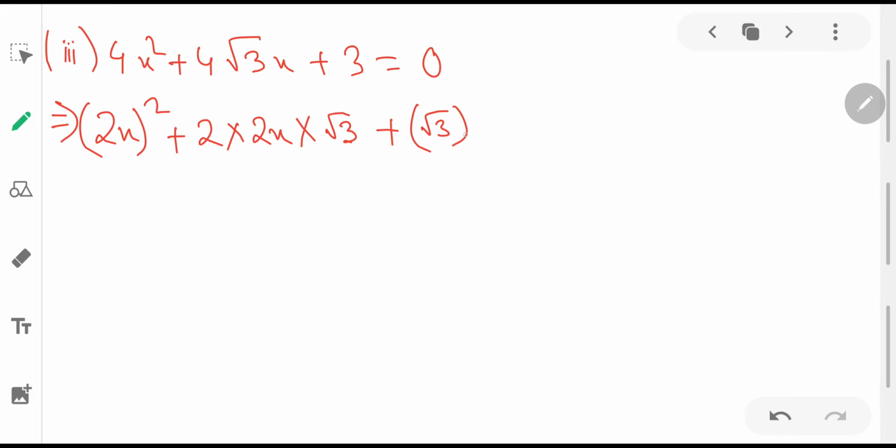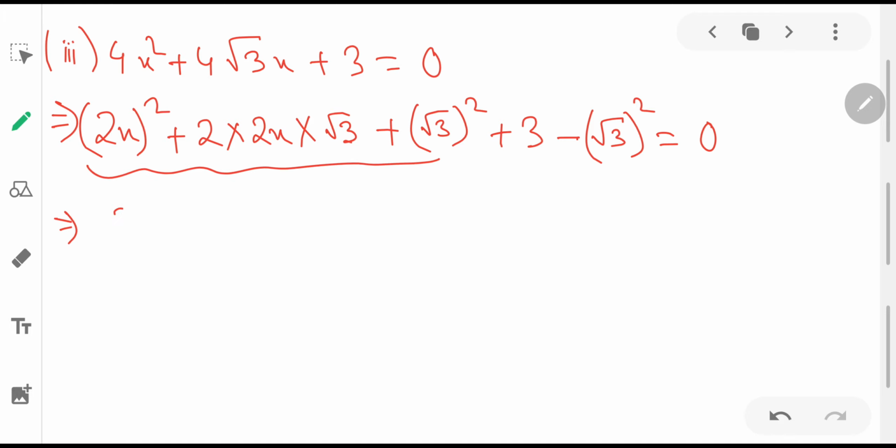B is root 3 whole square. Here we have plus 3, but root 3 whole square is additional here. So we need to remove it. How to remove it? We need to subtract the additional term. Equals to 0. So for this part, we'll get the answer as 2x, that is a, plus root 3, that means a plus b whole square, plus 3 minus root 3 whole square is how much?